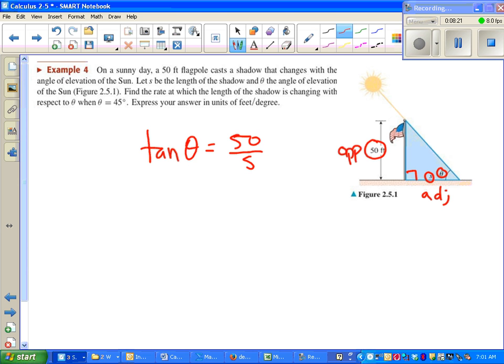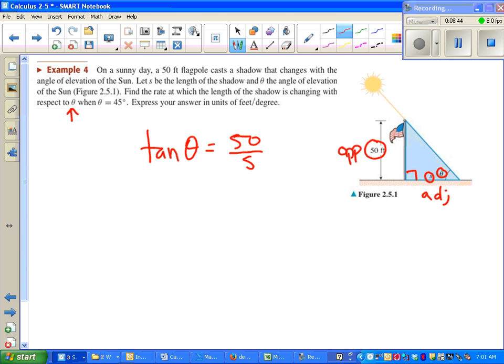Except the problem's asking us to find the rate at which the shadow's changing, the length of the shadow, with respect to theta, which means we want shadow to be the isolated variable and theta to be like our x in a standard y equals f of x type problem.